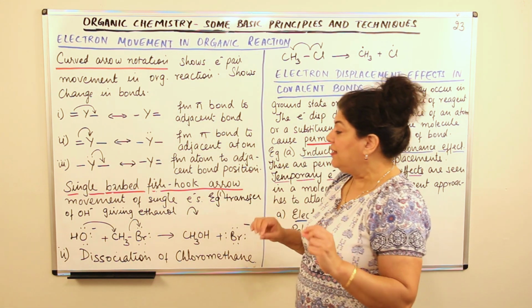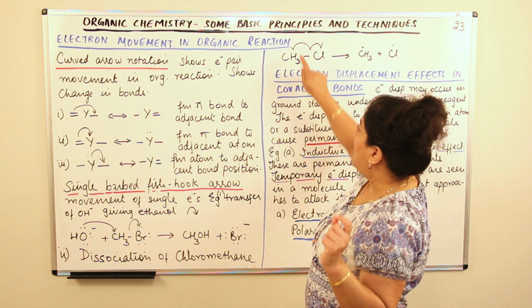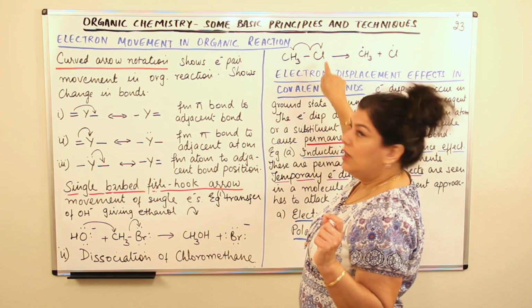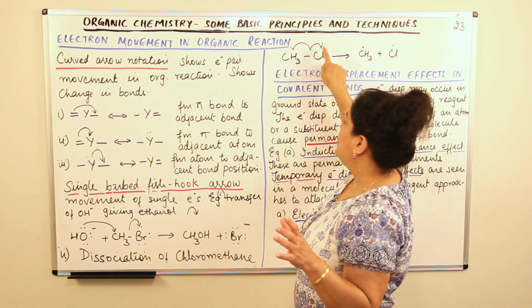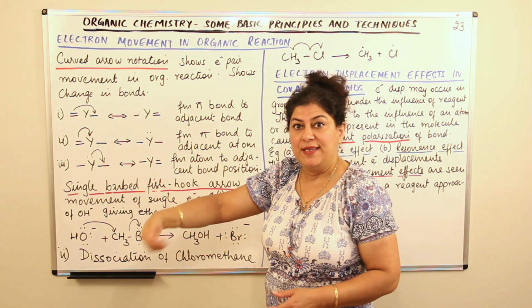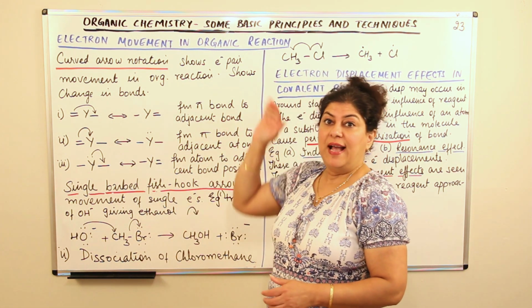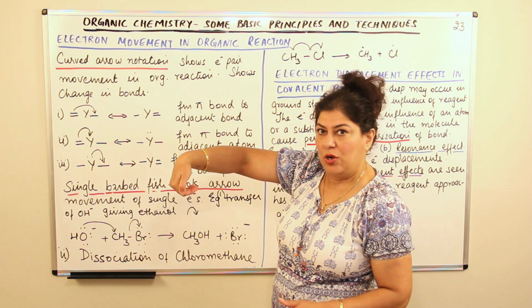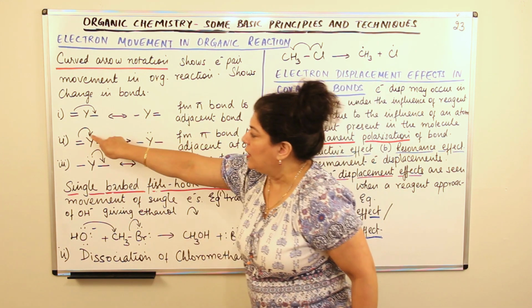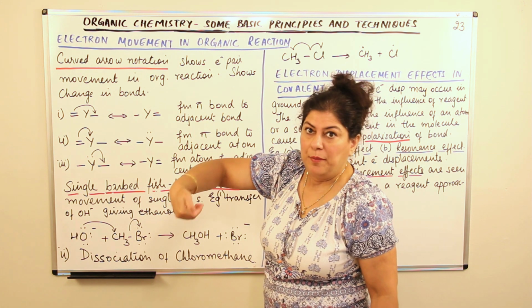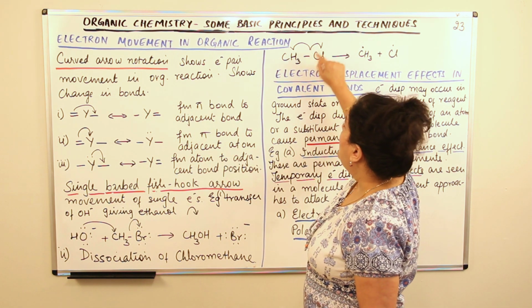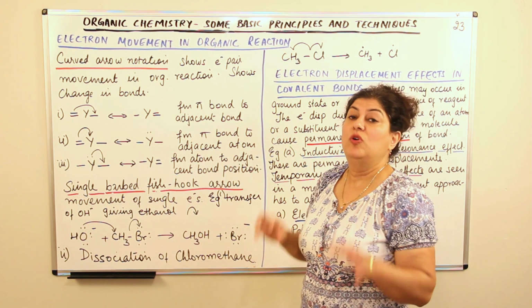This is a single curved arrow, like a fish hook that fishermen put in to catch fish. It's a single hook, not a double hook like this. So it has a single barb, and it's a fish hook arrow notation.